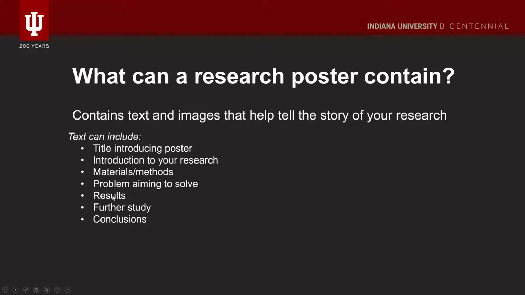We may be talking about the results of this project, anything that we might want to study further or explore further, and our conclusion, wrapping everything together. Images that you might want to include are graphs, photos, and other illustrations that, again, help tell the story of your project or your research or what you're trying to communicate to your audience.